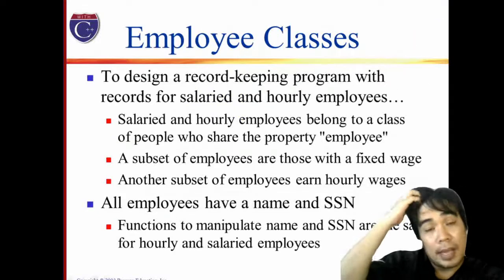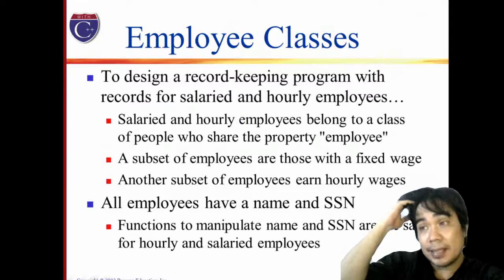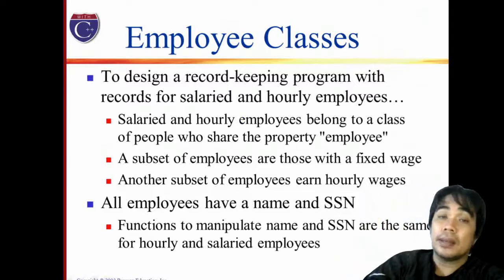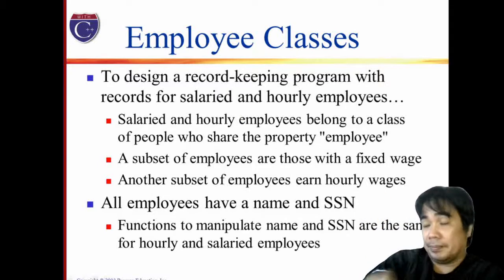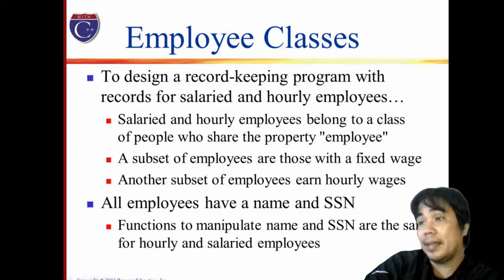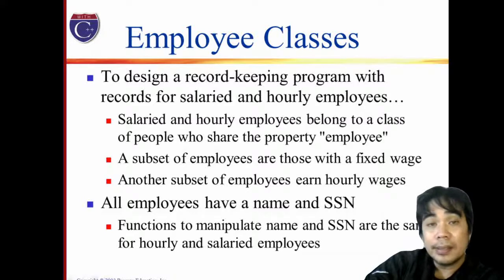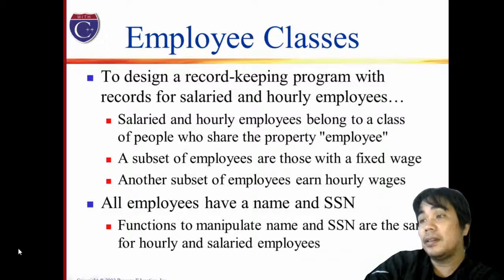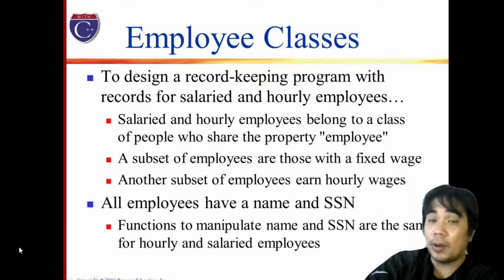So for example, we have the employee class. To make a program that has employees with their own variables related to the employee class, like the salary and the hours, which belong to the properties of the employee class.